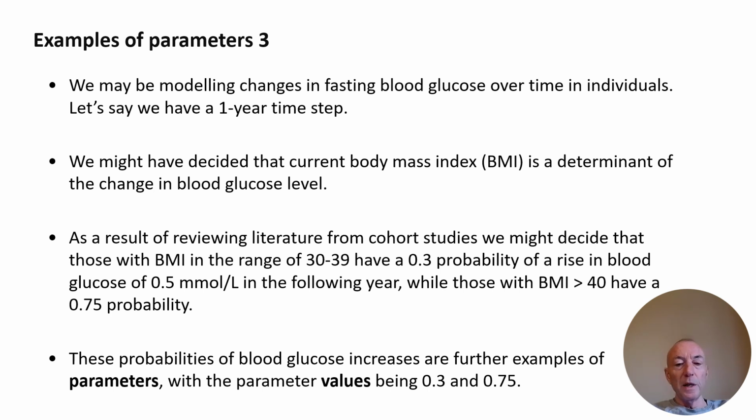As a result of reviewing literature from cohort studies, we might decide that those with BMI in the range 30 to 39 have a 0.3 probability of a rise in blood glucose of 0.5 millimoles per litre in the following year, whilst those with BMI greater than 40 have a 0.75 probability. These probabilities of blood glucose increases are further examples of parameters, with the parameter values being 0.3 and 0.75.